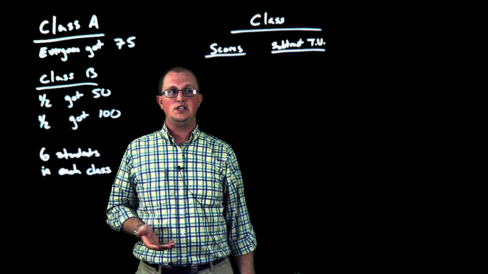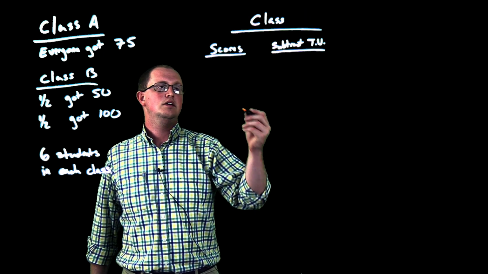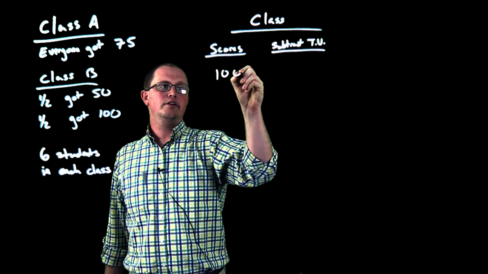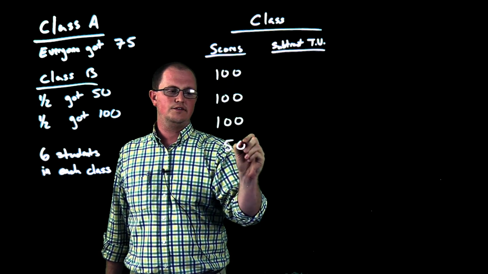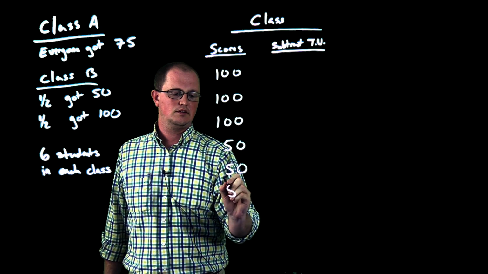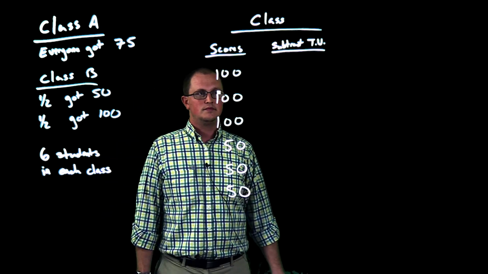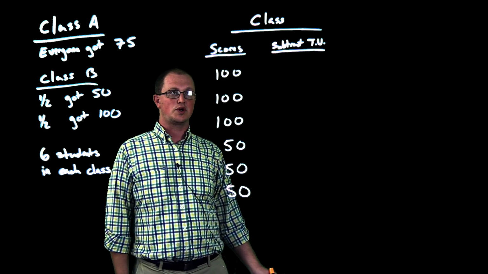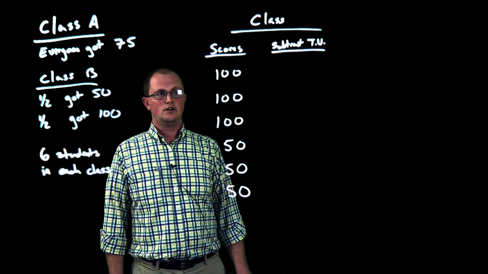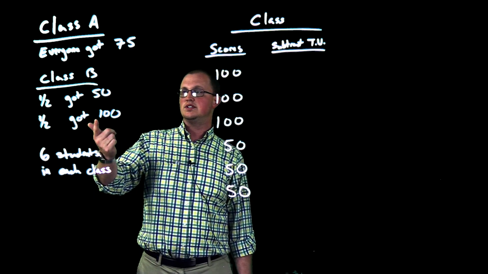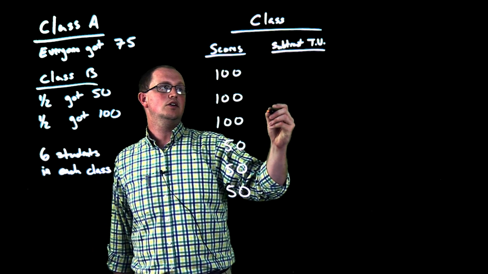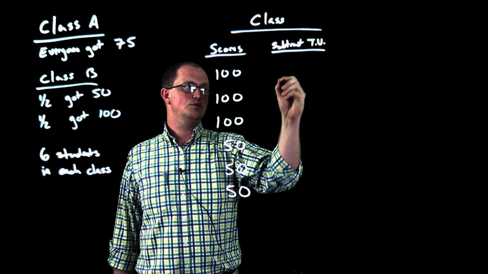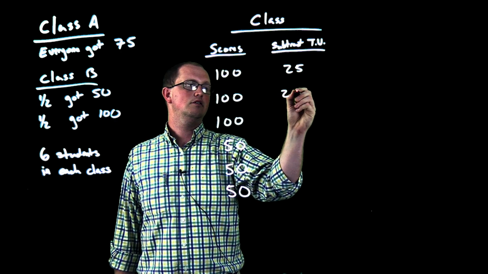But let's look at what happens if we approach this from the situation of Class B. With Class B, we said that half the students get 100, and half the students get 50. Again, we can go through and subtract away our typical value, which was the class average of 75. If we subtract 75 away from each of these 100s, we get 25.